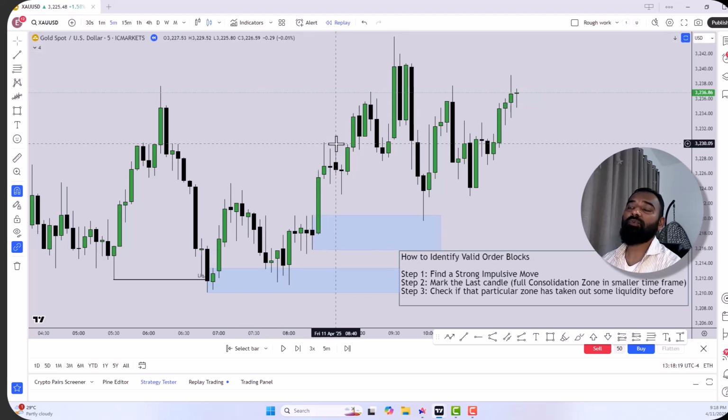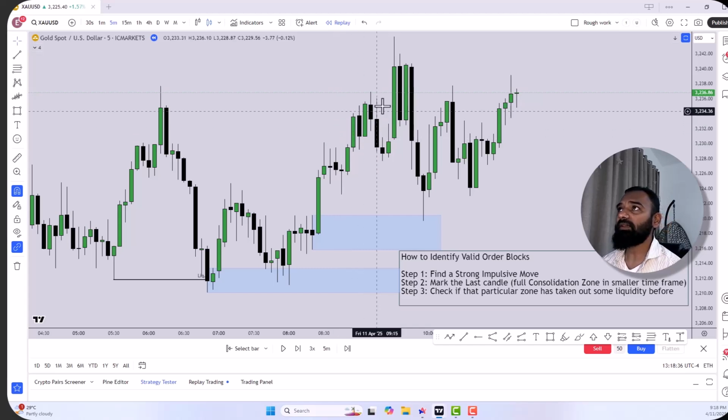Once this impulse move came, the second impulse move came, now they do not want to add more orders in their basket because their dollar cost average will not be efficient enough. They went up, waited for price to retrace, one more time tap this particular order block, and then they went.